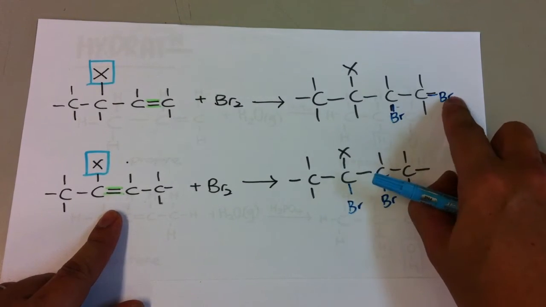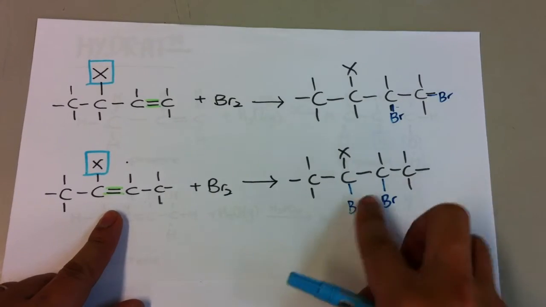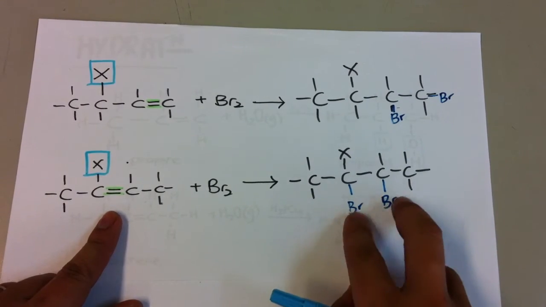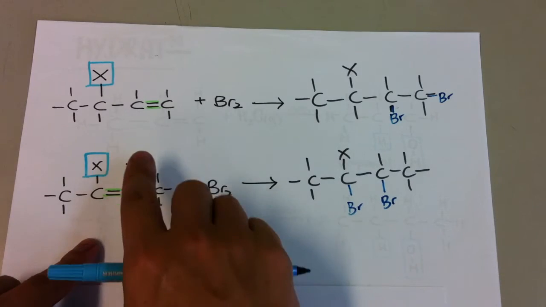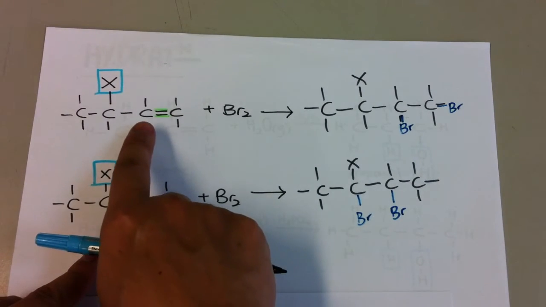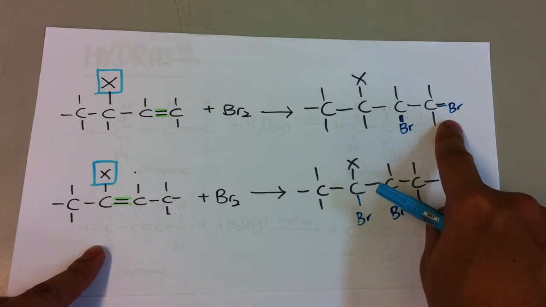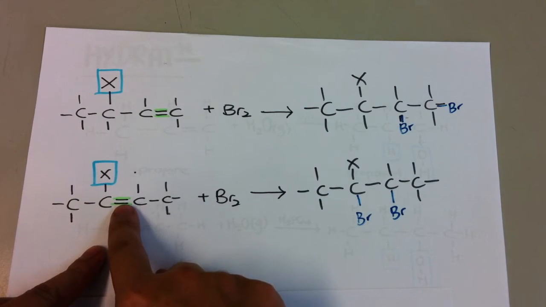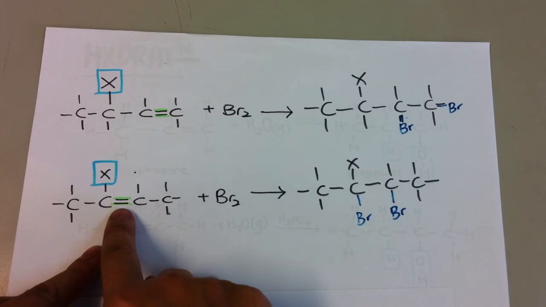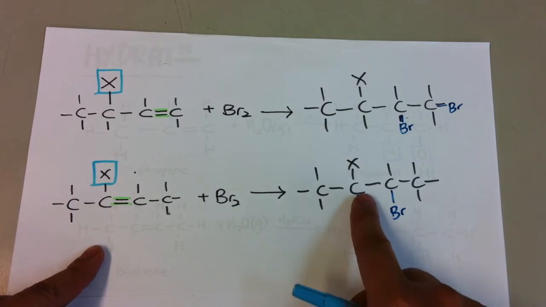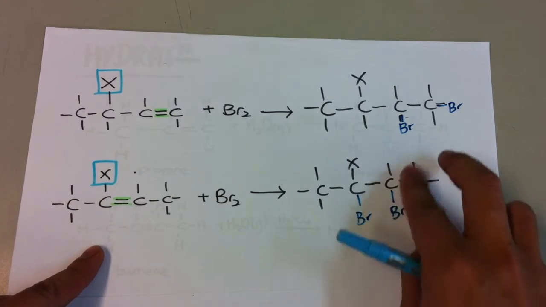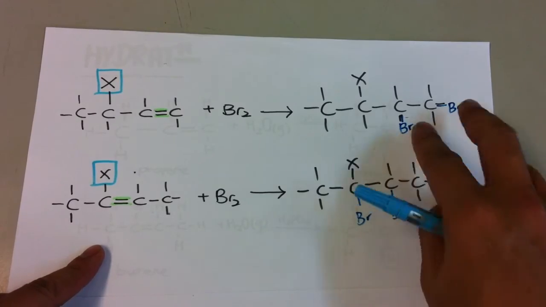The Br is on the last two, and the Br is on the second and third. Two different things. So if the question gives you the double bond on the right hand side, you've got to get this compound. If the question gives you the double bond in the center, you've got to put the bromine on the second and third, not on the last two.